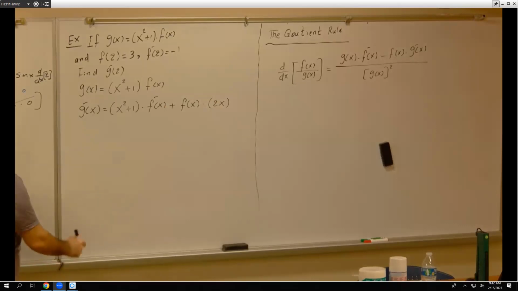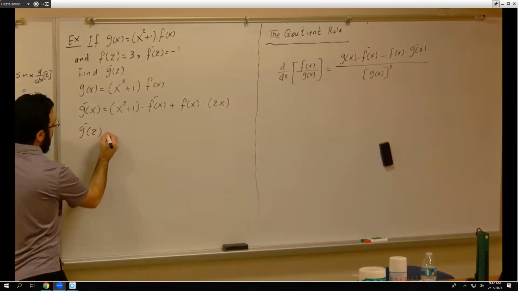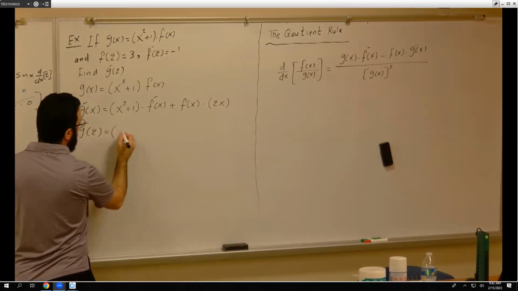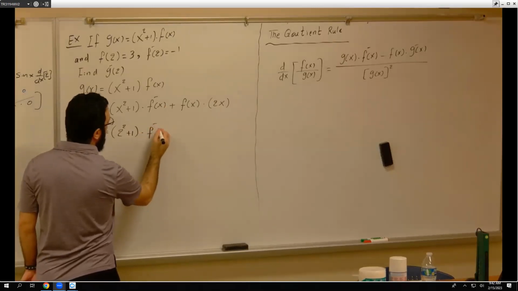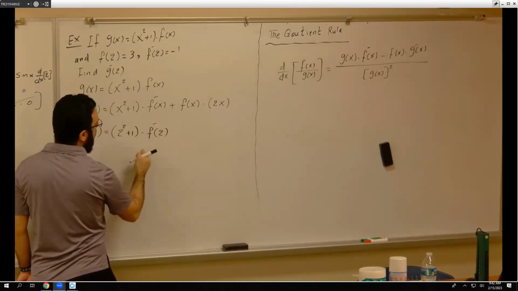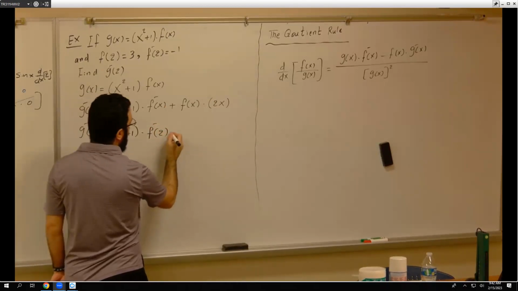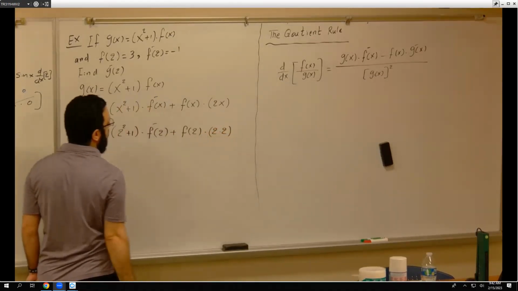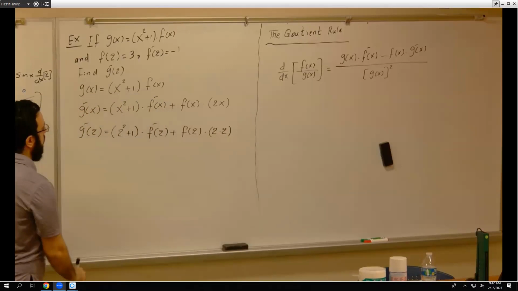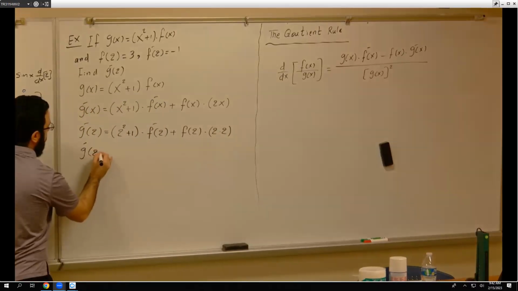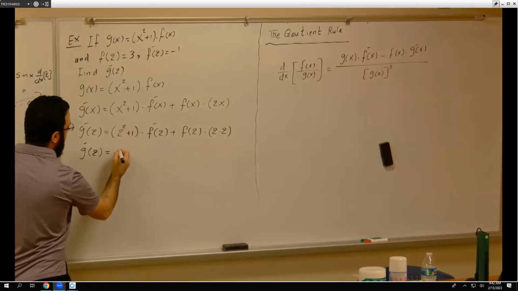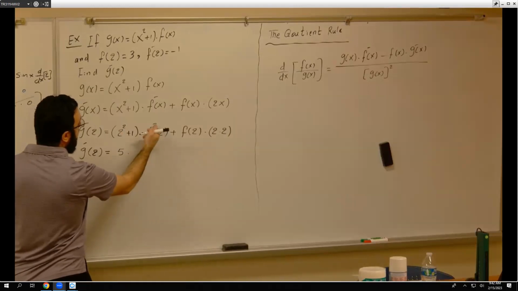Now, to find g prime of 2, that means instead of each x, we have to plug in 2. It's going to be 2 squared plus 1 times f prime of 2, plus f of 2 times 2 times 2. G prime of 2 equals 4 plus 1, so it's going to be 5 times f prime of 2.